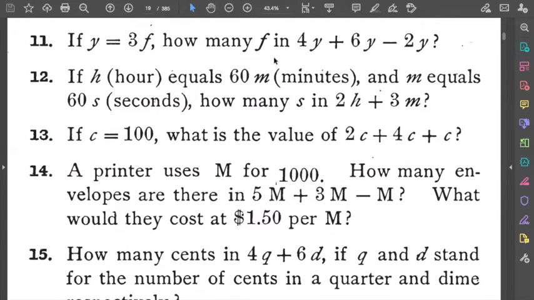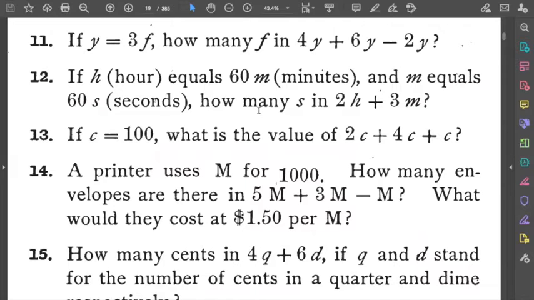Question 11 says that if y is equal to 3f. I estimate that each question should take a minute or two, just 2 minutes, and then we move on to the next one.